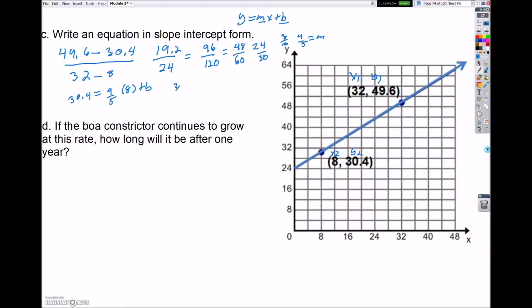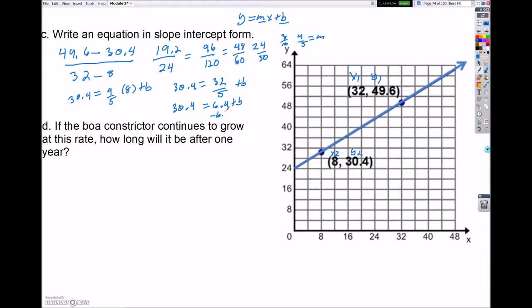So I'm going to have 30.4 equals 8 times 4, which is 32, over 5, plus b. Now 32 over 5 as a decimal is 6.4, I believe. Let me make sure. 32 divided by 5 is 6.4. So I'm going to have 30.4 equals 6.4 plus b.